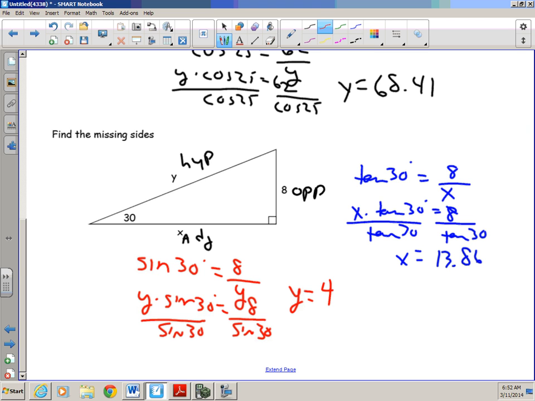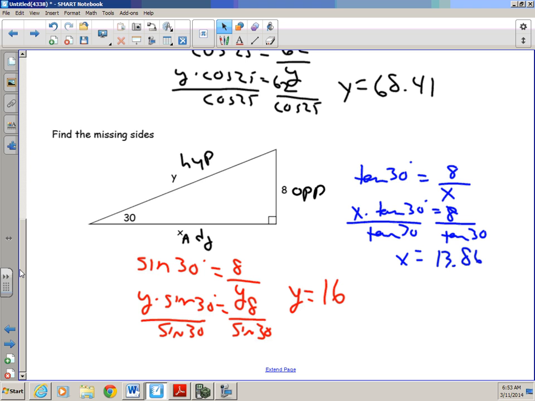Wait, no, if I'm dividing, it's got to be 16. What my mistake was is I multiplied in the calculator to get 4, and then you should realize y can't be less than 8 because it's the hypotenuse.